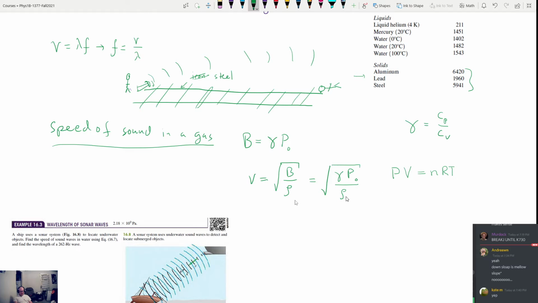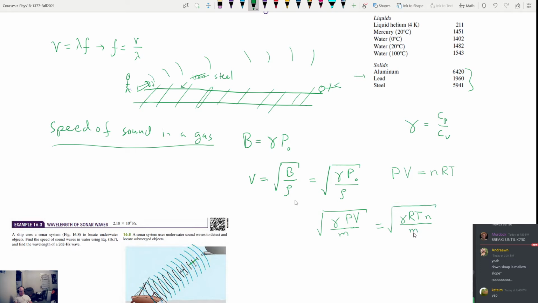And density is what? Mass over volume. So this is like gamma P naught over mass over volume. Oh, this is easy to derive. So this is going to be equal to the square root of gamma RT, since PV is equal to nRT, so there's an n here as well, divided by mass.